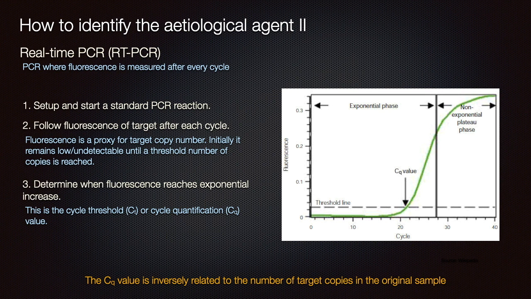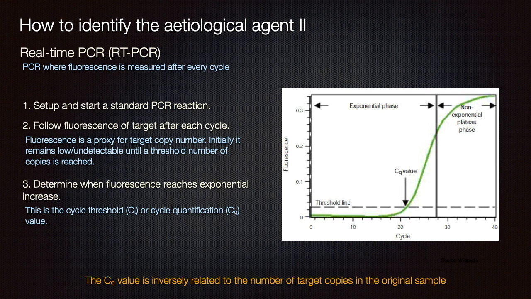You have fluorescence plotted against the cycle number. As you can see, when you start out, in the first few cycles, there is no detectable fluorescence. Your target is being amplified, but it's still in such low numbers that the fluorescence is not yet detectable.